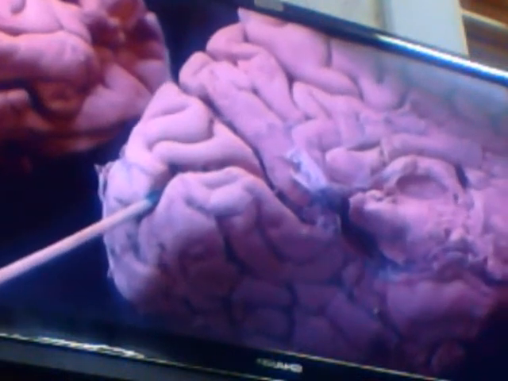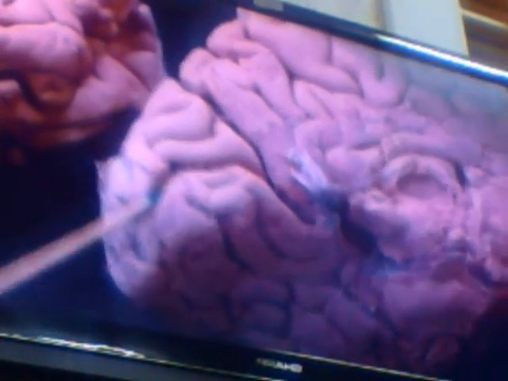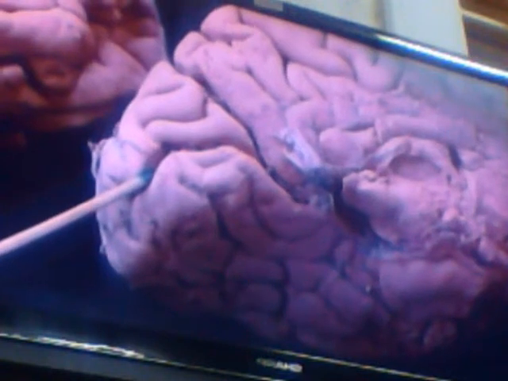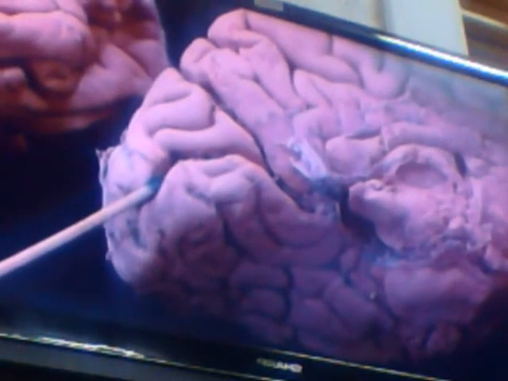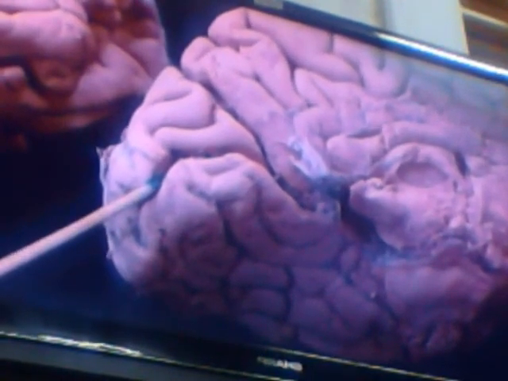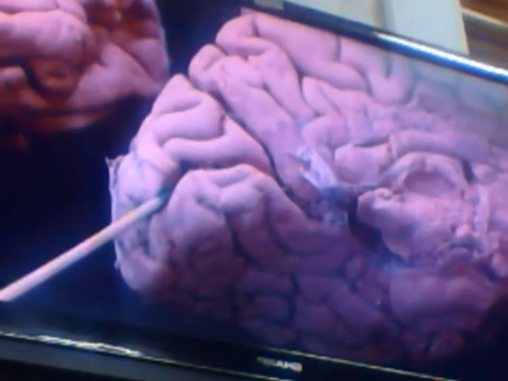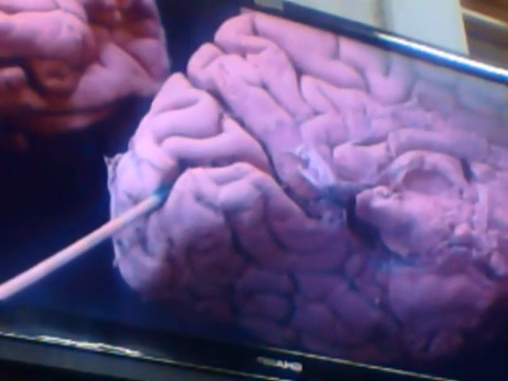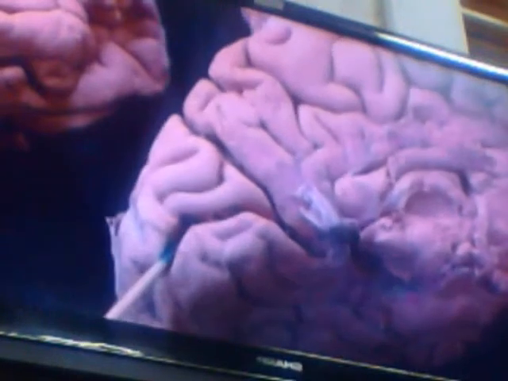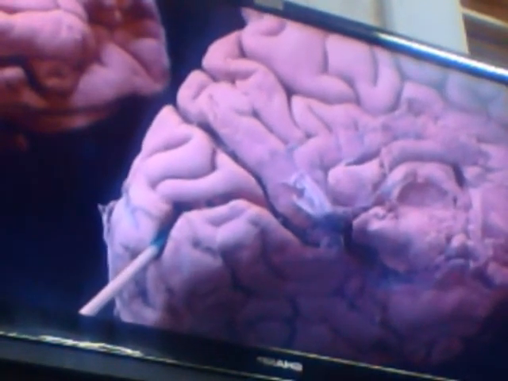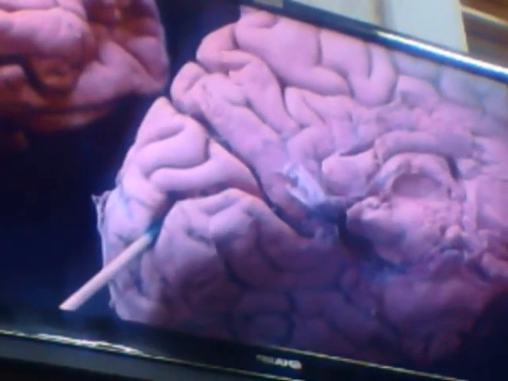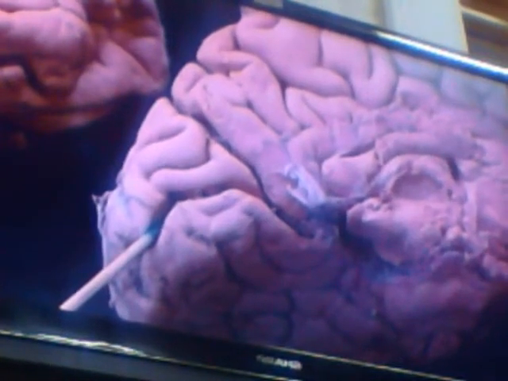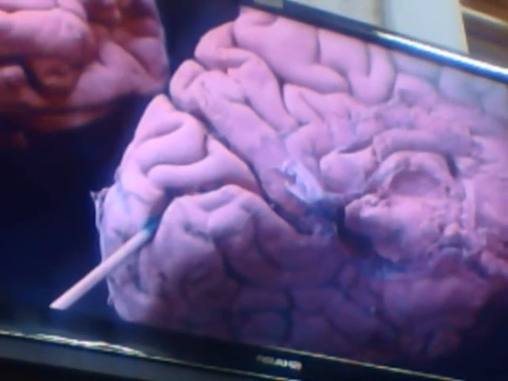Some people might call it the post-calcarine sulcus. But it is so deep that it can be making an impression on the posterior part of the lateral ventricle. And that projection is referred to as the calcar avis.